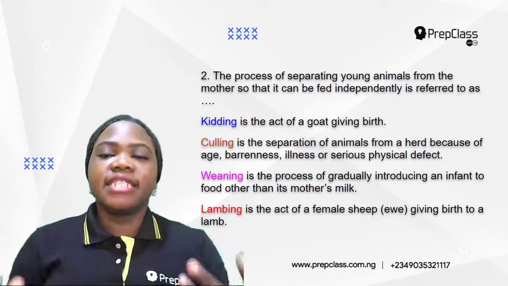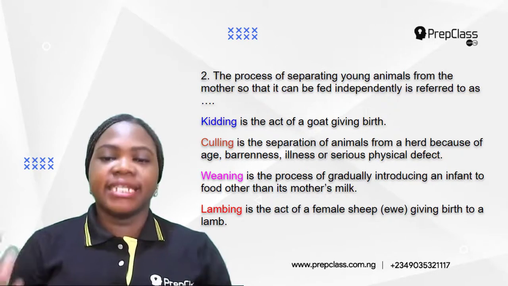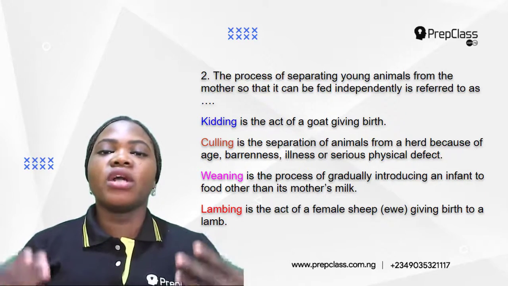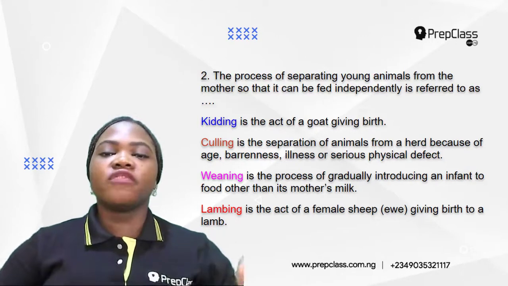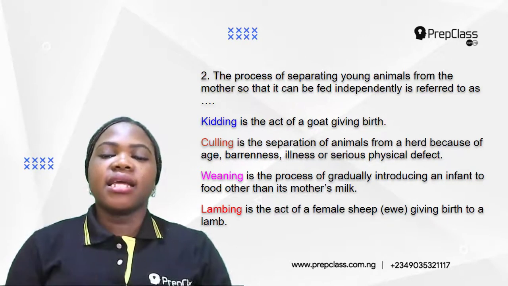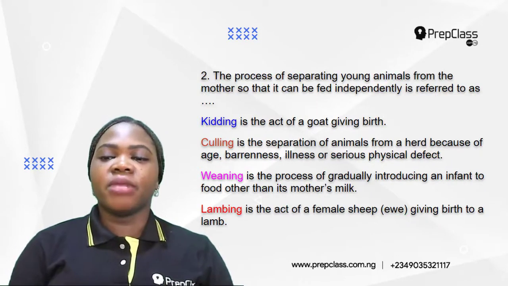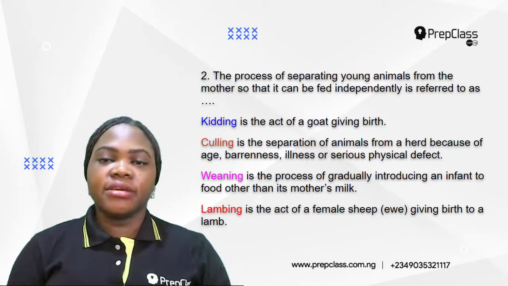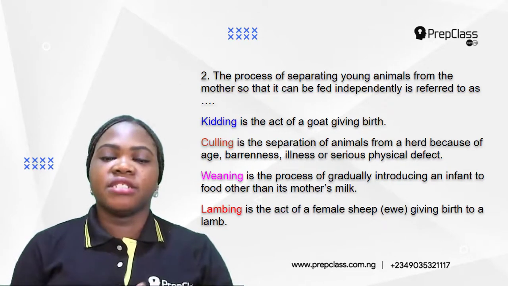So when a goat is giving birth, you call it kidding. You know, the young one of a goat is called kid. So that's where the word kidding comes from. The act of giving birth to a kid. All right. So what about culling? Culling is the separation of animals from a herd because of age, barrenness, illness, or serious physical defect.